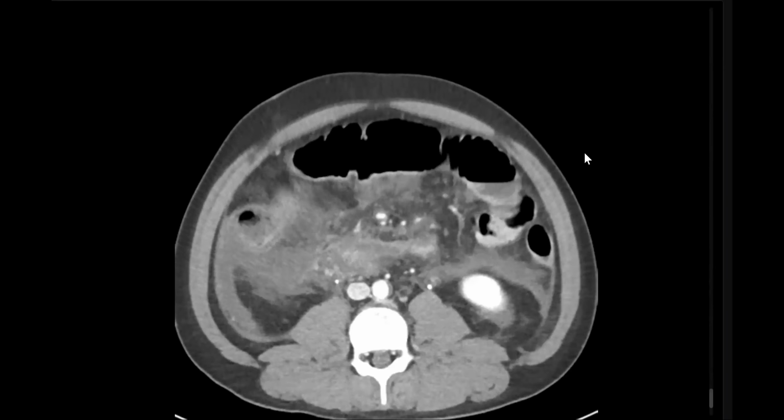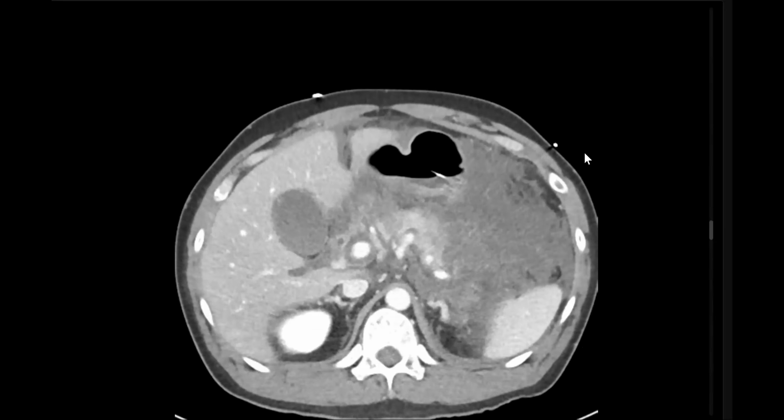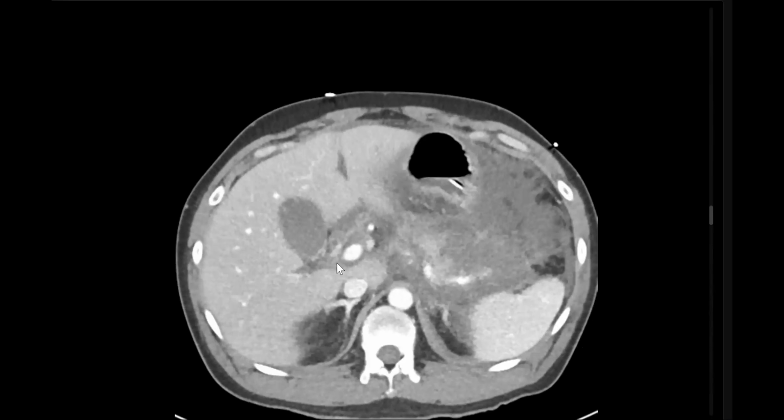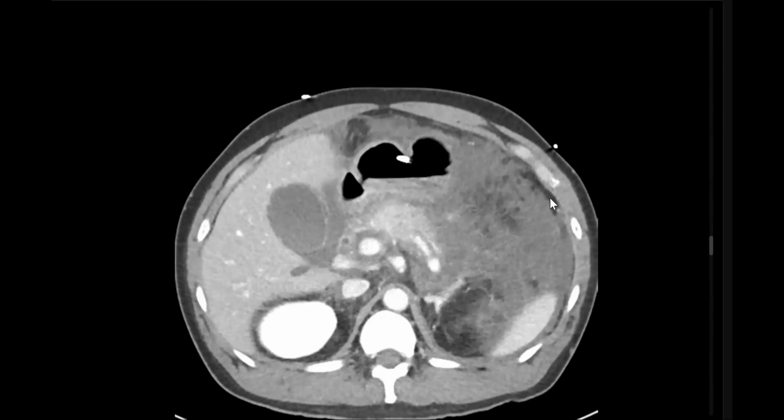Okay. So here I can see on these images that the pancreatic outline is not well defined, and I can see that there is a heterogeneously hypodense collection noted in the lesser sac region.